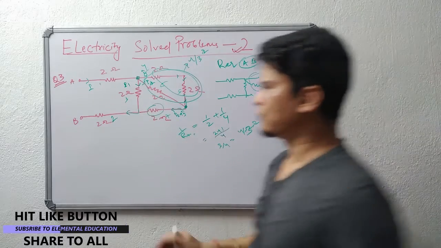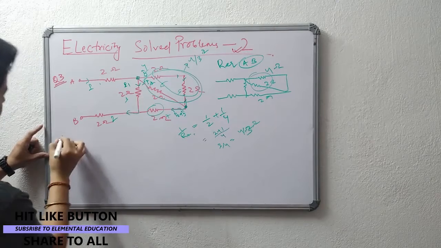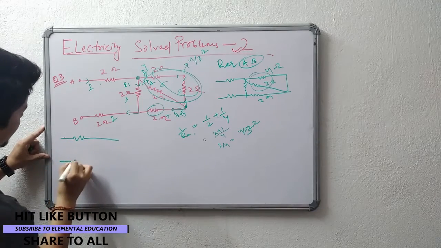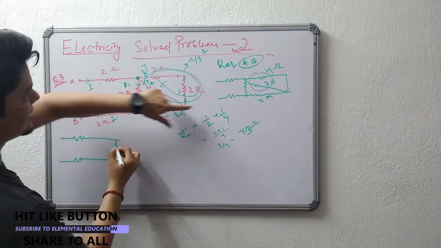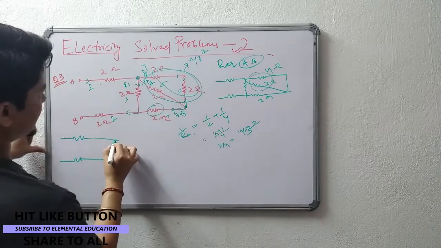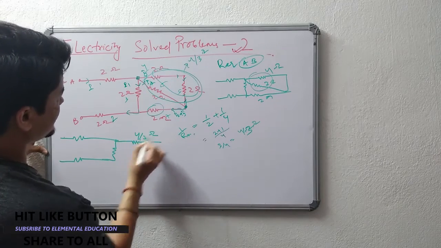Now, if I redraw the circuit like this, these 3 are connected as one resistance, that is 4 by 3 ohm.